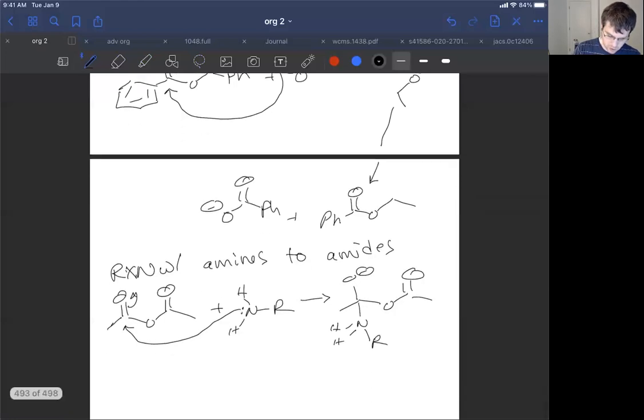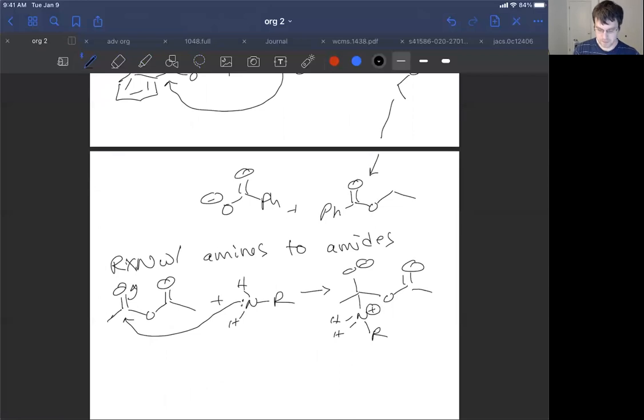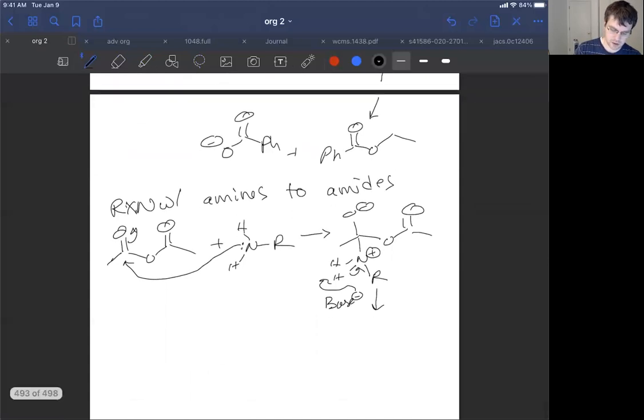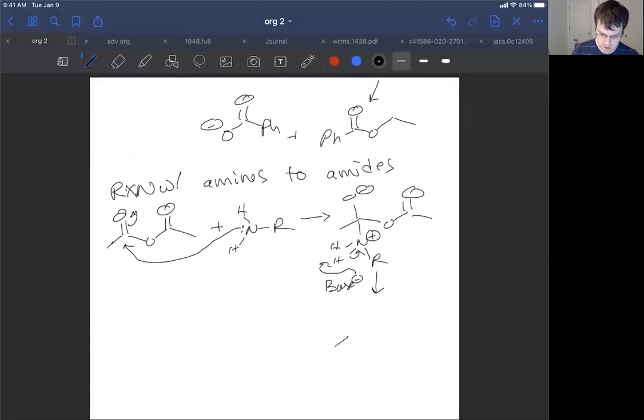It's hard to know the order of events for sure. At this point, I'm guessing it probably makes more sense for a base to come in, and a base could just be more of the amine starting material. But now we've got an overall negatively charged species, which is going to then eliminate.